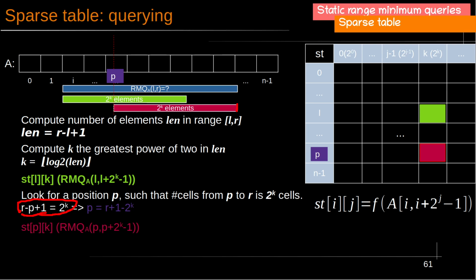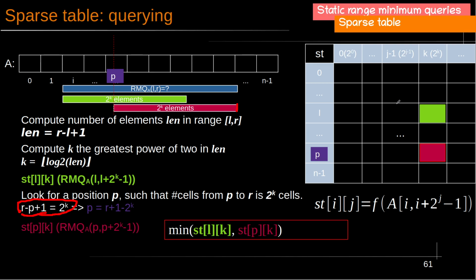And if we have these 2 power k elements, we can use the sparse table to compute that minimum. So the minimum of the range left to right is equal to the minimum on the sparse table of the cell at the row L column k and the row P column k.